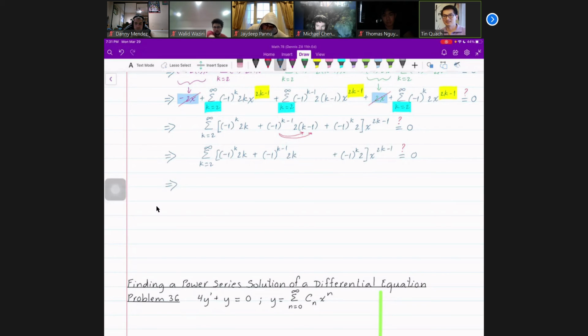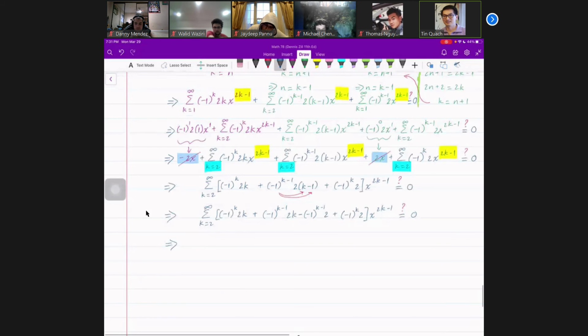So that is minus negative 1 to the k minus 1 times 2, like that. Oh, this one is k minus 1. So it's supposed to be k minus 1 here. I wrote k. So please make that correction right there. So that is k minus 1.